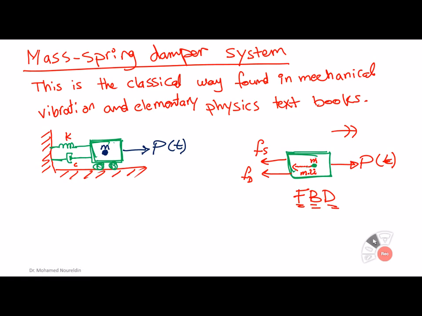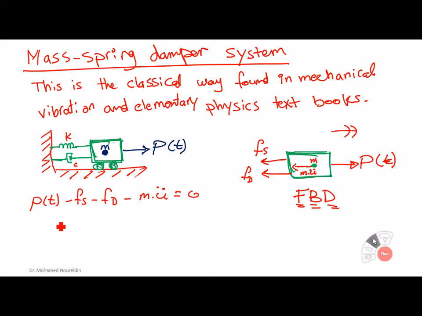From here we can also put the same equation of motion. It's very easy for us now. As we said before, it is P of t minus F of S minus F of D minus the inertia force equals 0.